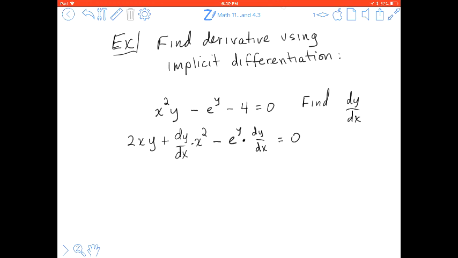At this point, any term that has a dy dx factor, like this term and that term, those both have dy dx factors, so I'm going to keep them on the left side. This term doesn't have a dy dx, so I'm going to subtract it over here to that side. So now I'm going to have dy over dx times x squared minus e to the power of y dy dx equals -2xy.